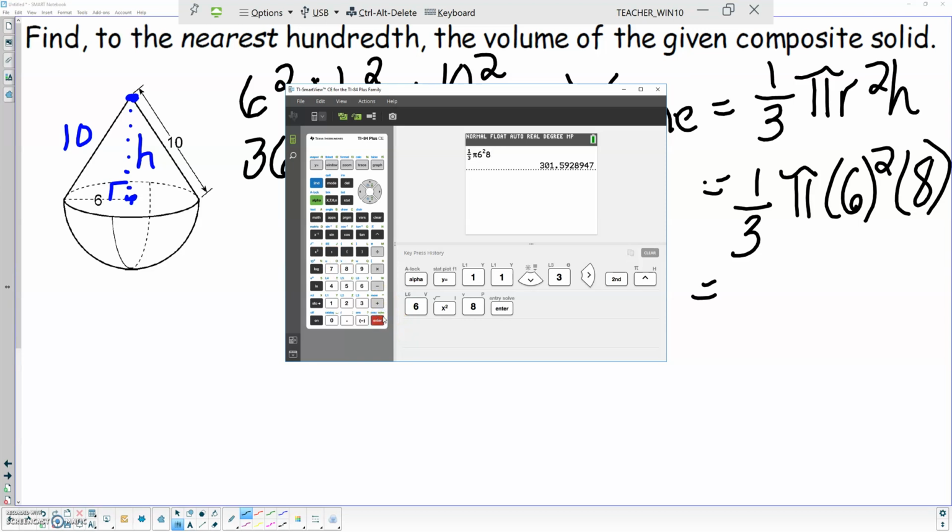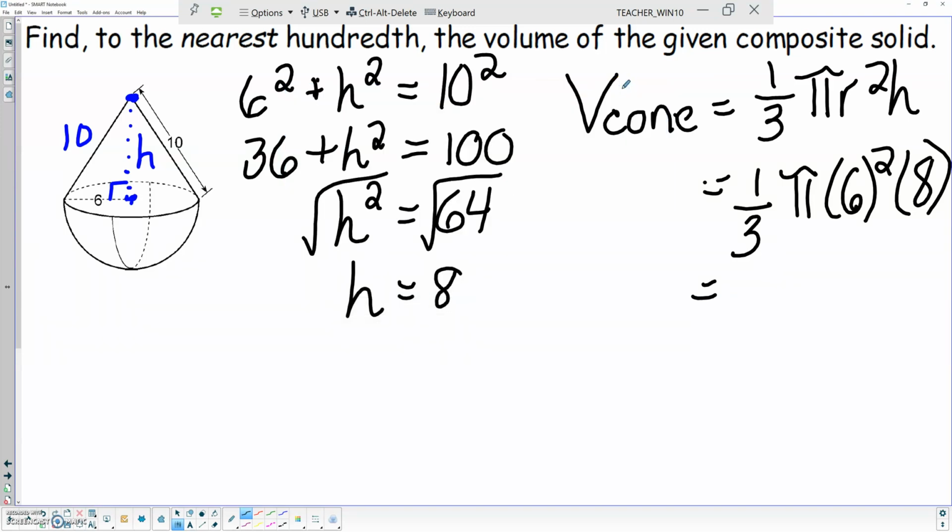We get approximately 301.5929. When you do problems like this, you don't round your answer until the very end, so don't clear your answer on the calculator. On my paper, I usually copy 4 decimals: 301.5929.